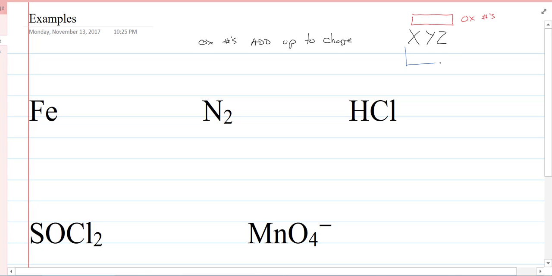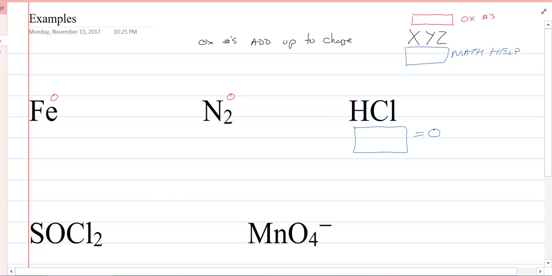Down here is going to be my math help, so we don't have to do it in our head. So for the first one, Fe, I have an element by itself. So it's 0. I have N2. I have an element by itself. It's also 0.